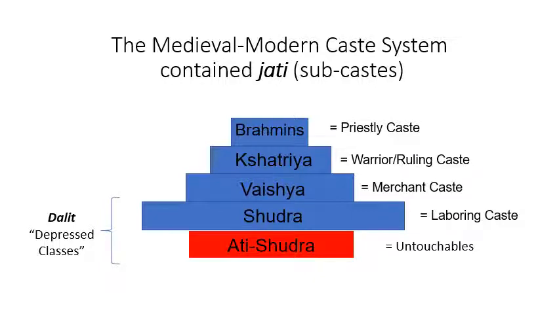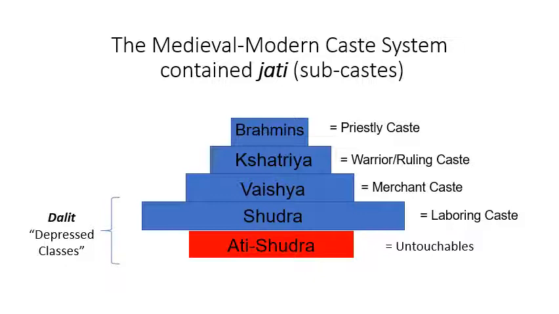Now, in the medieval modern period, the caste system changed in that it developed what are called jati, or subcastes, within each of the varna. As we can see in our diagram, there came to be jati within the Shudra caste.